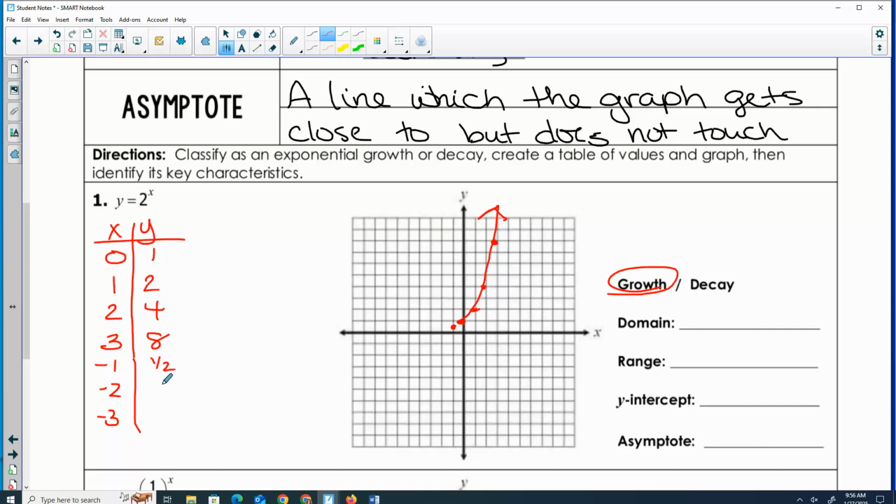What is 2 to the -2 power? 1/4. Okay, 2 to the -3. 1/8. Okay, these are just getting smaller and smaller.